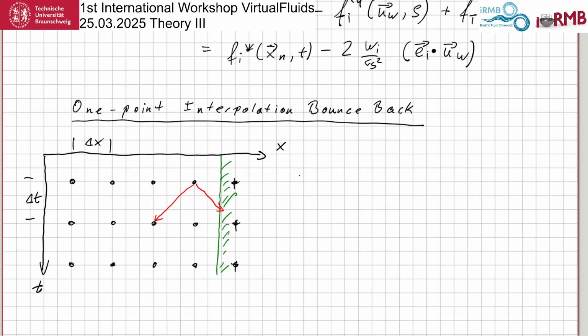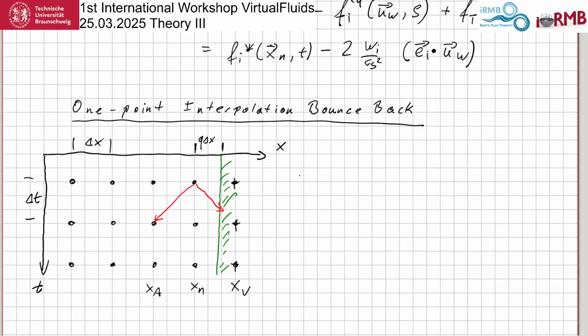So we'll call this again the node x_n. This here we'll call x_A. We also call this here x_V, for this is the virtual node inside. And we call this distance here delta x times q.